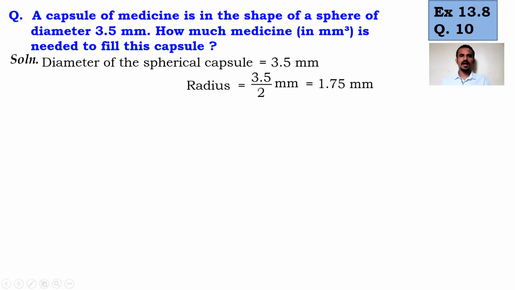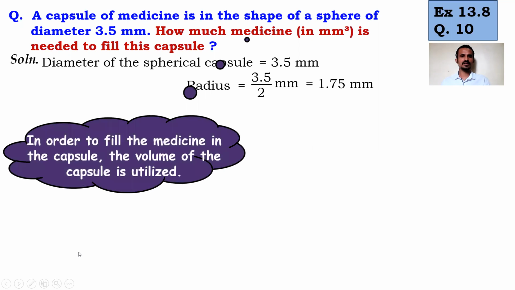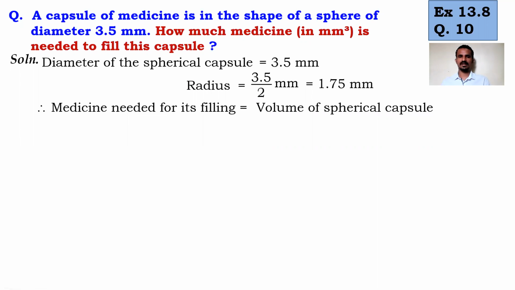So this was a simple part. Now to find out the medicine, we simply have to calculate the volume. So let's calculate the volume. So medicine needed for its filling is going to be the volume of the capsule. So that is equal to volume of spherical capsule. Let's solve this now.